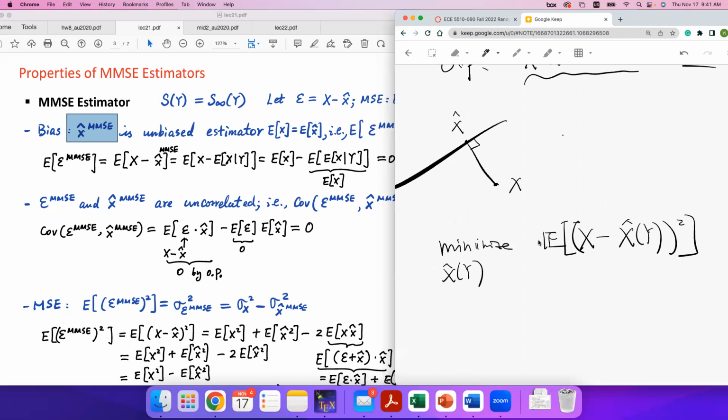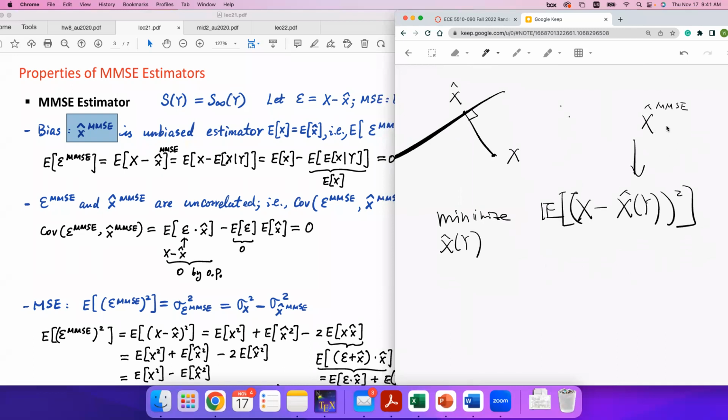And the question is, once we have this estimator, if we plug it into this mean square error, what is the actual mean square error that this estimator achieves? So we can plug it in and compute this expectation term.